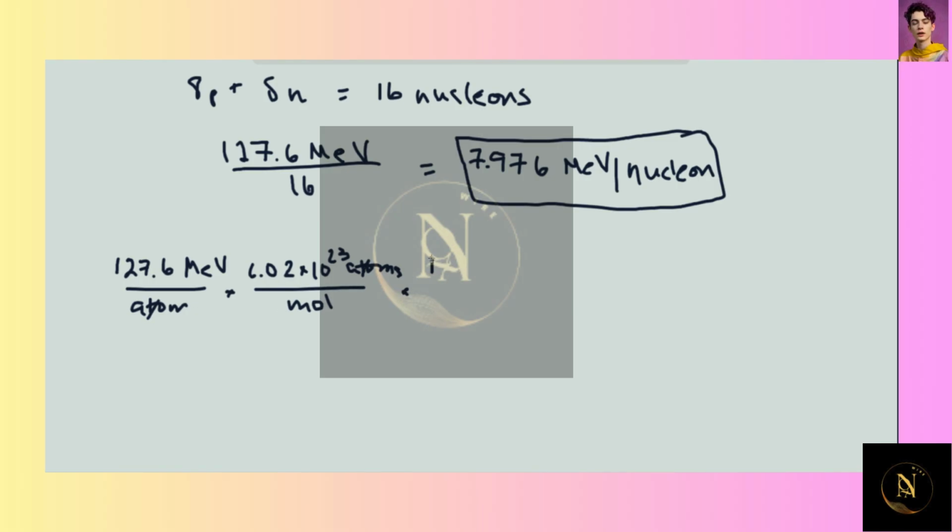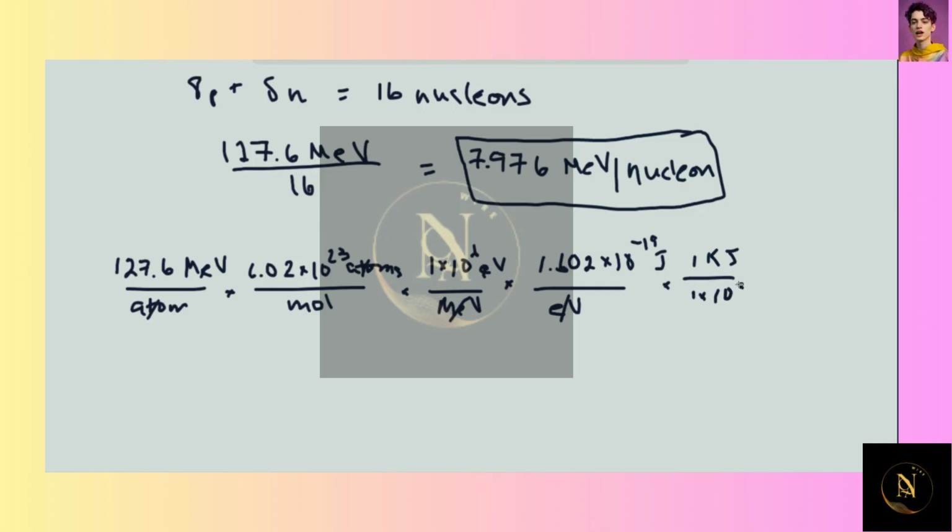And there are 1 times 10 to the 6th electron volts per mega electron volt. And there are 1.602 times 10 to the minus 19 joules per electron volt. And finally, every kilojoule is equal to 1,000 joules.